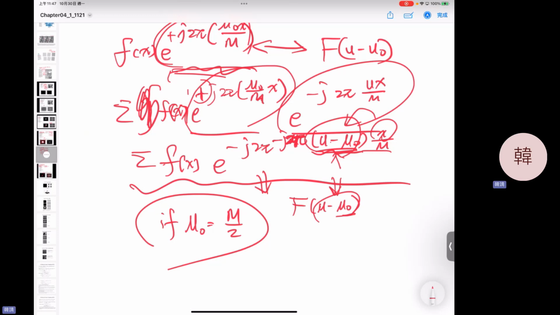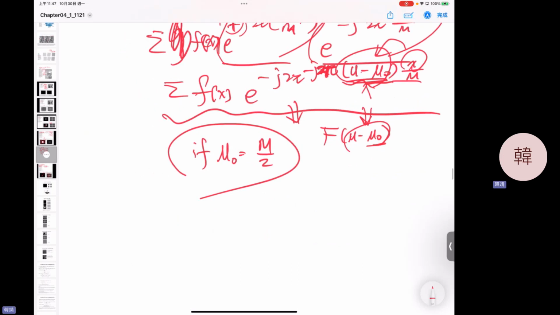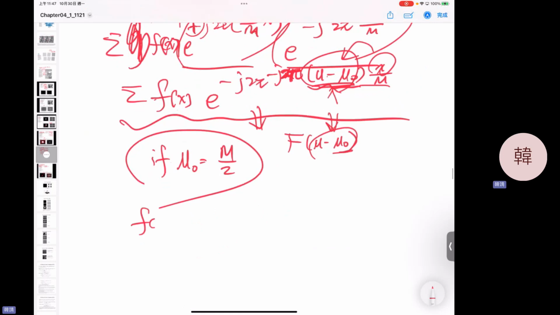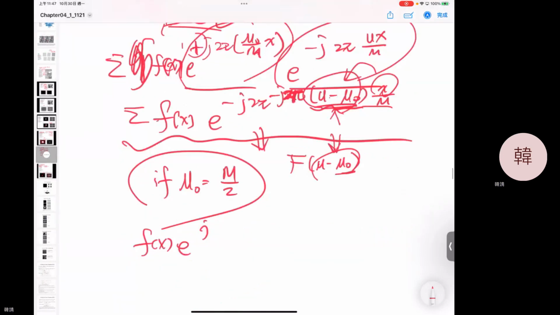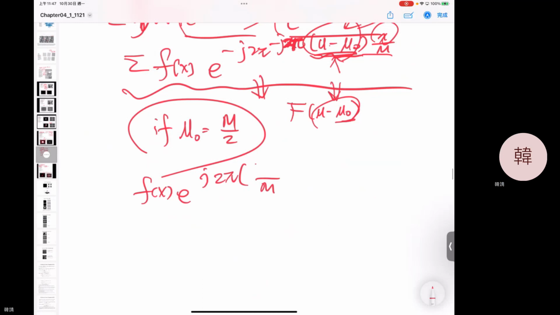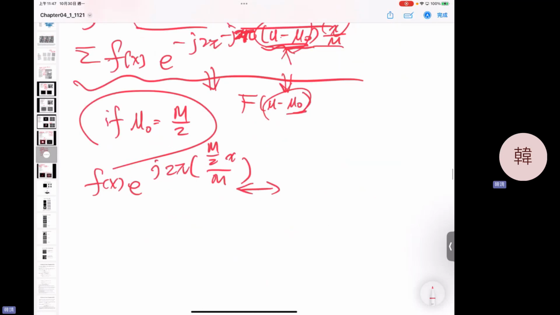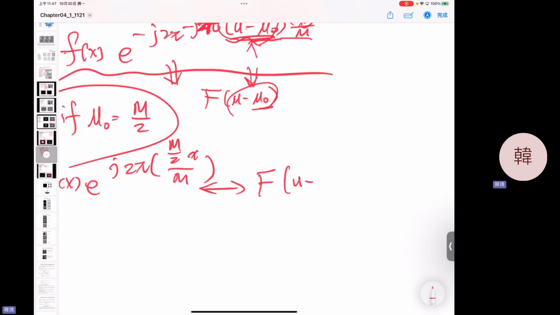If we shift like this, it means you multiply your signal f of x times the exponential of 2 pi, and the Fourier result will be mu minus n over 2, right?